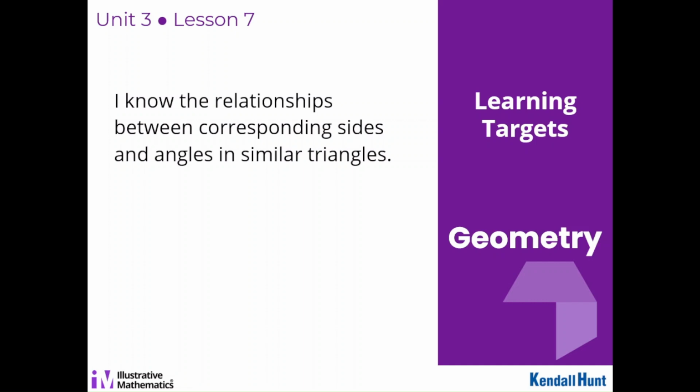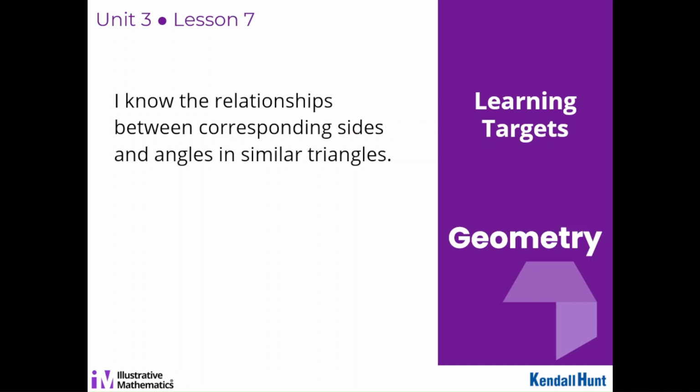Now, we used different shapes, but it doesn't really matter on the shape whether it's a triangle or a parallelogram. What makes figures similar is that their angles are the same and their corresponding sides can be found by multiplying by a scale factor.